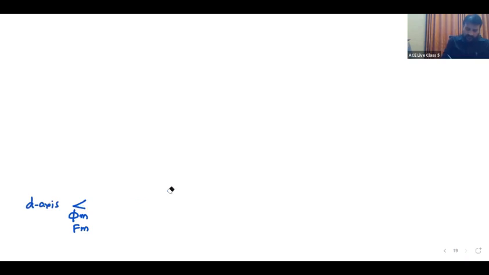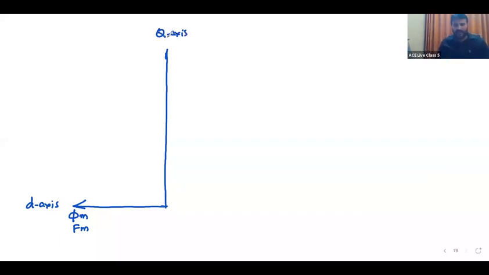Now the induced EMF will be along the quadrature axis. It is decided that induced EMF will be along the quadrature axis. So E is going to be here. E is along the quadrature axis.